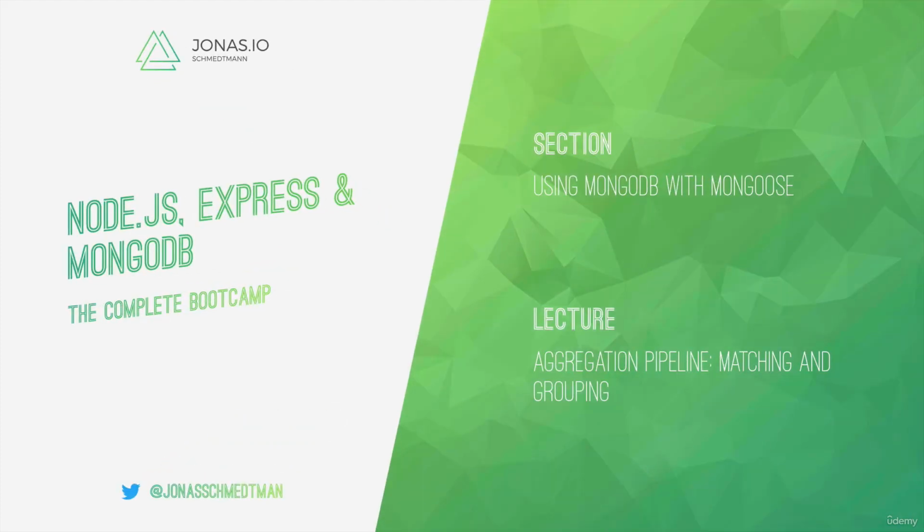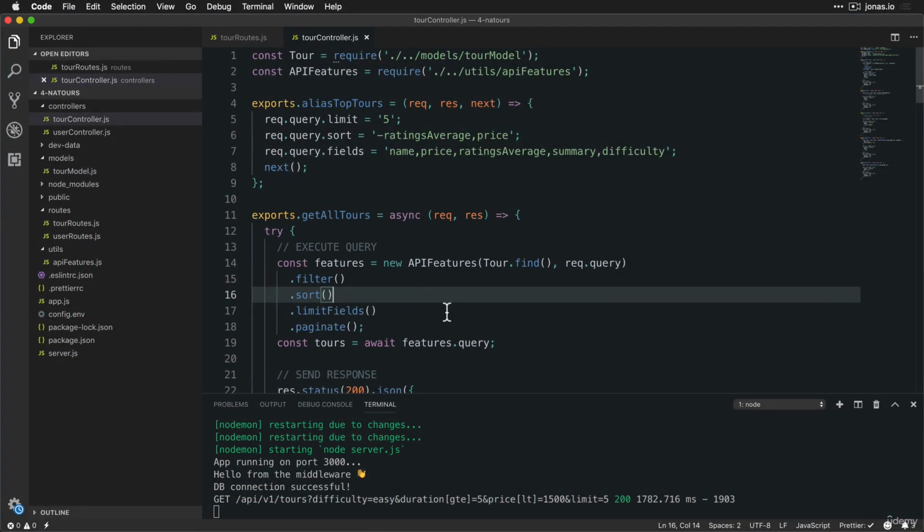Welcome back. In this video and the next one, I want to introduce you to the MongoDB aggregation pipeline, which is an extremely powerful and extremely useful MongoDB framework for data aggregation. The idea is that we define a pipeline that all the documents from a certain collection go through, where they are processed step by step in order to transform them into aggregated results.